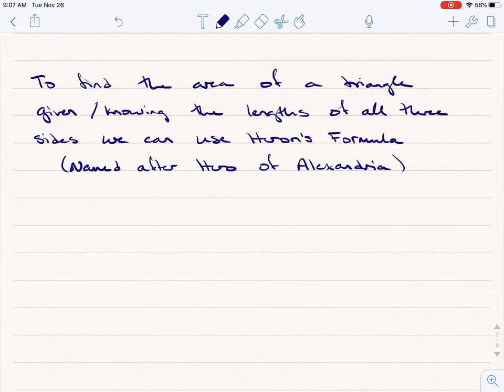And so somehow, I guess with the Greek letters, anyways, it translates to Hero or Heron. And so we use Heron's formula, but you could also call it Hero's formula. Just a little fun fact, an LFF, if you will. A little fun fact.